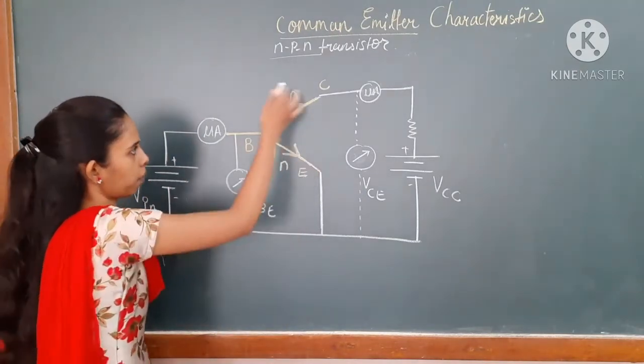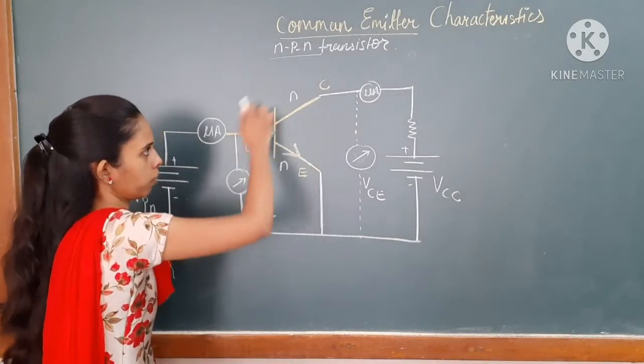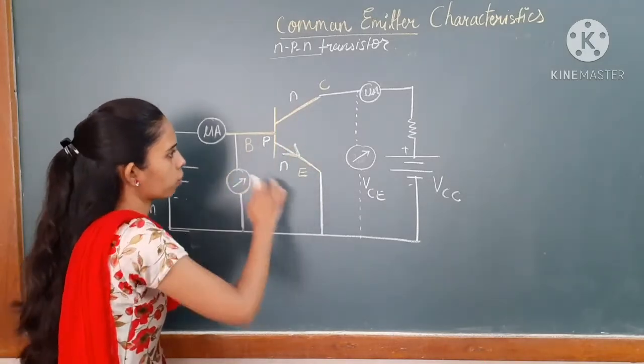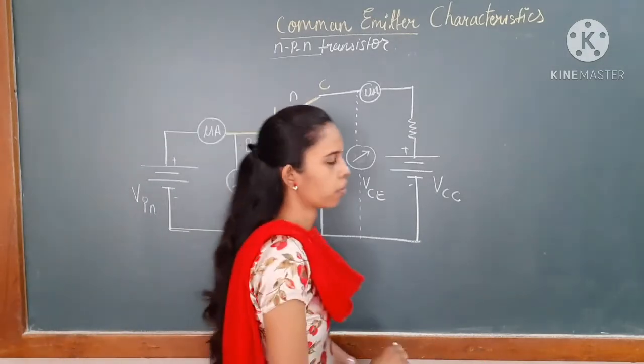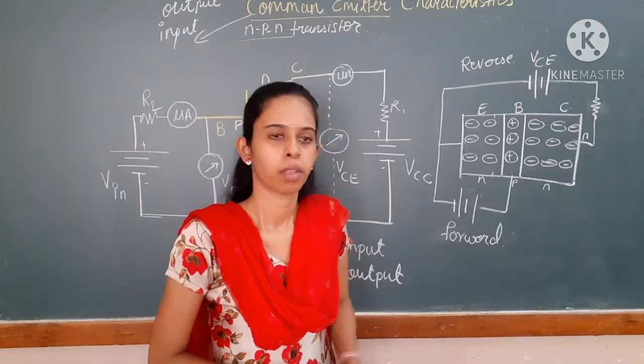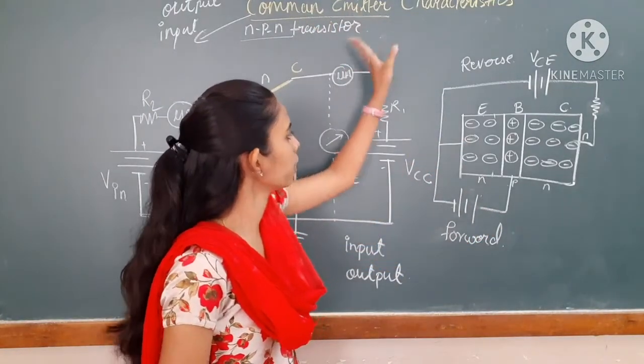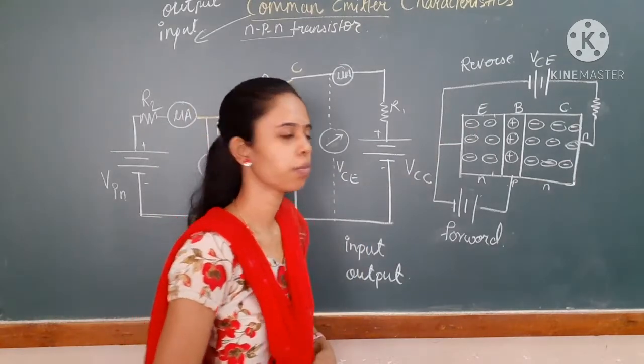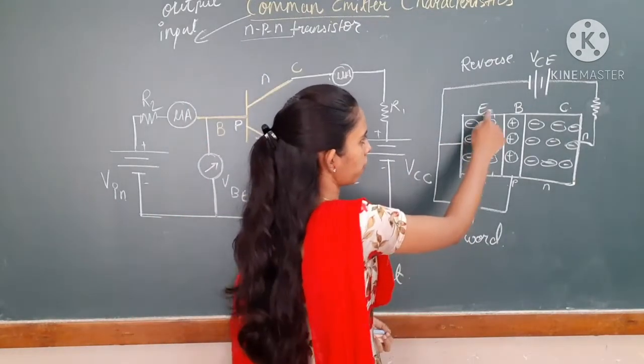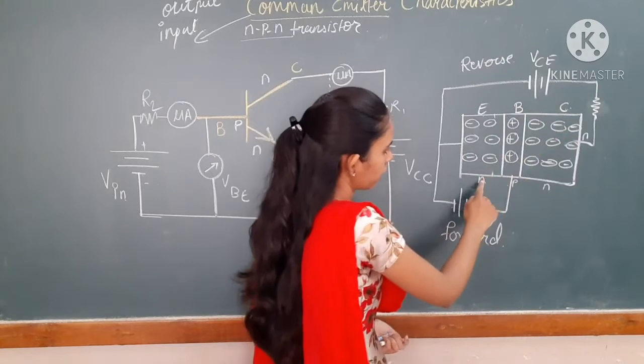Now what is happening in this circuit? Let us see. We will draw a block diagram. This is the block diagram of the common emitter transistor, with the emitter, base and collector.